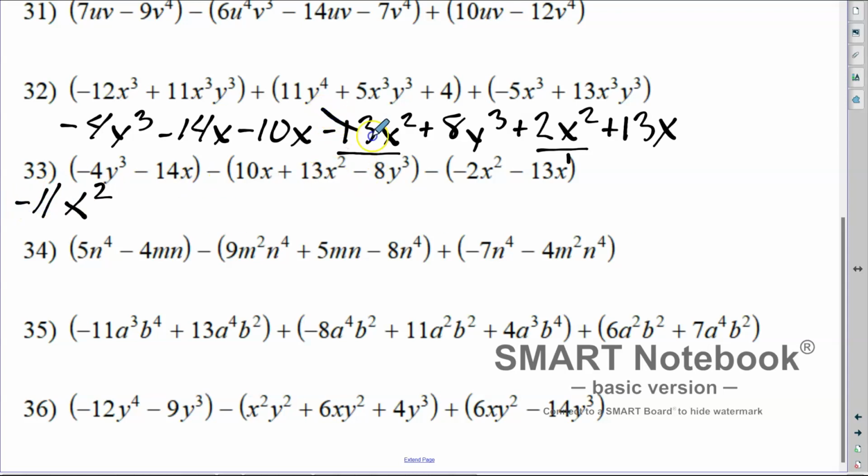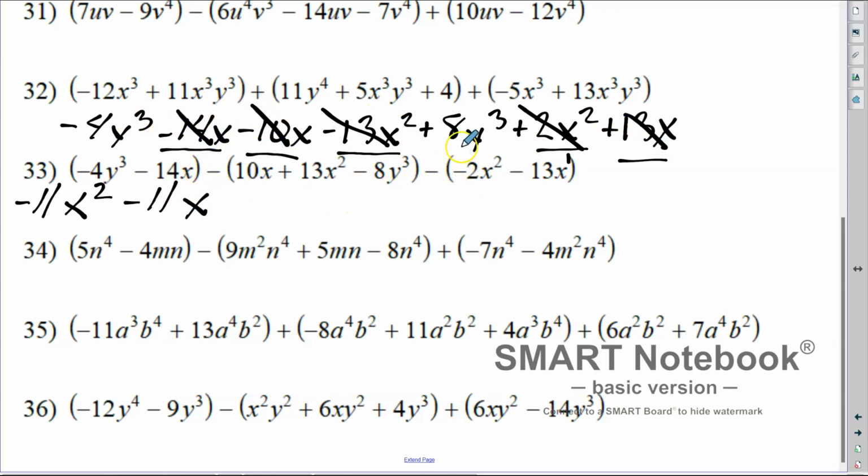Before it gets messy, I'm going to scratch them off. Before I go to y, let me deal with these x's. He's minus 14, minus 10, that's minus 24, plus 13, that's minus 11x. I should have already included the x here, my bad.